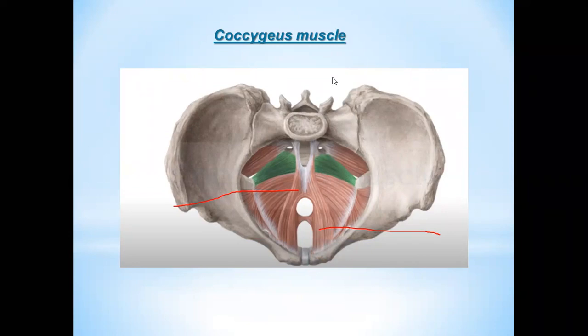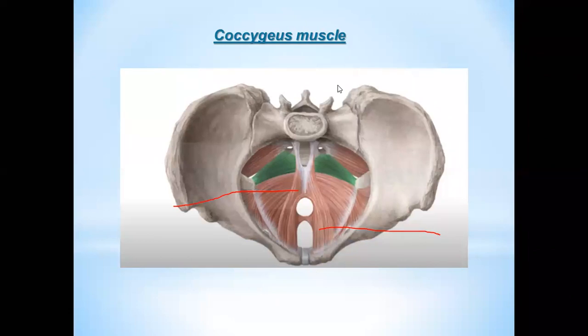Levator ani is made up of three muscles, namely puborectalis, pubococcygeus, and iliococcygeus. Along with the coccygeus muscle, these form the pelvic diaphragm. All three muscles originate from the back of the pubis bone, the obturator internus membrane, and the ischial spine.